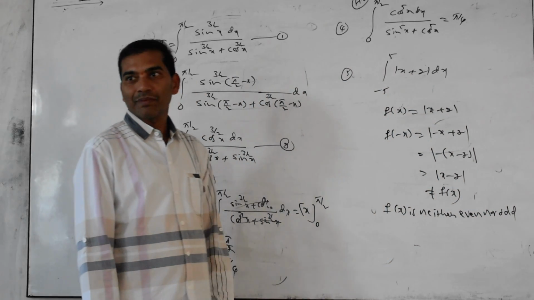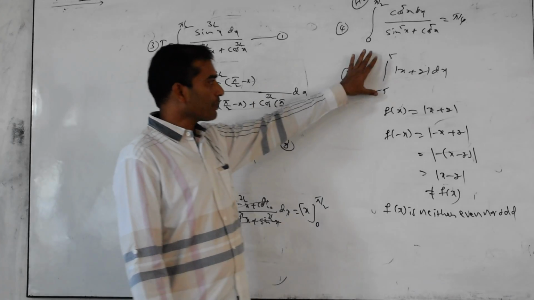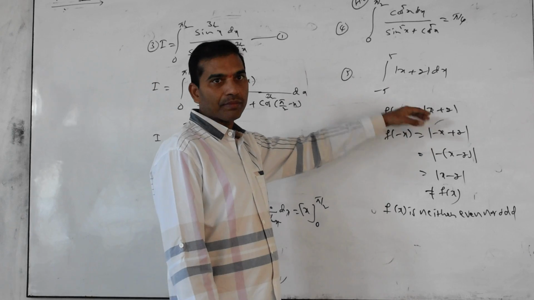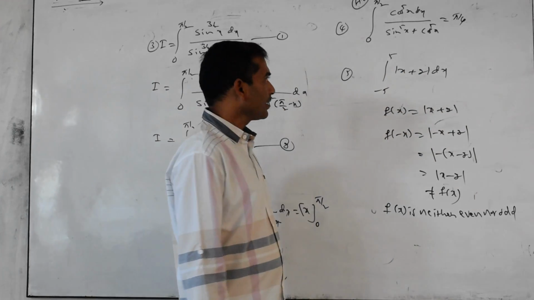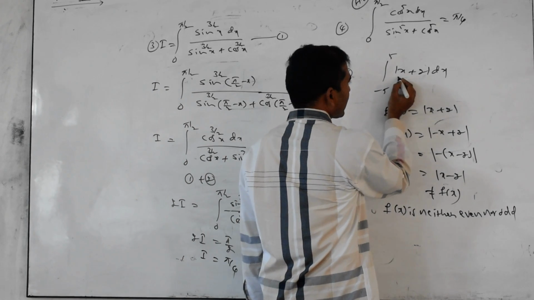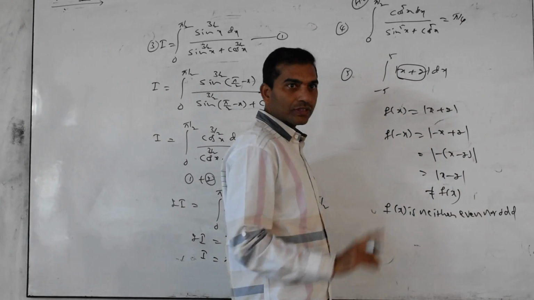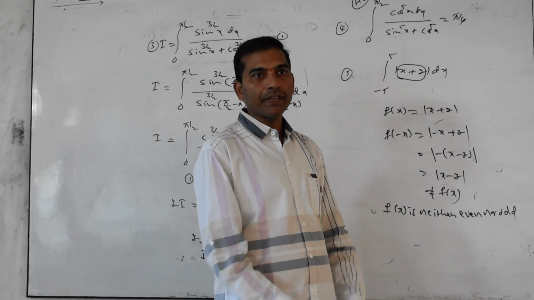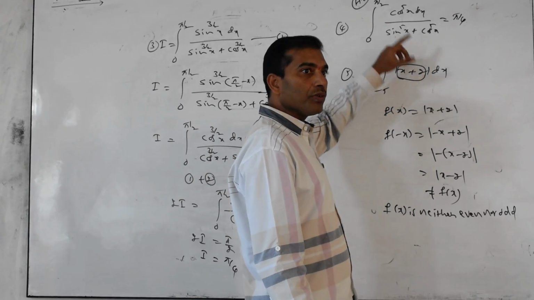So go for another method, not this property, because this property is applicable only for even and odd functions, but this is neither even nor odd. So how do we find it if a mod is there? The point where the mod becomes 0, here minus 2, is the splitting point. By the third property, we have to split into minus 5 to minus 2 and minus 2 to 5.